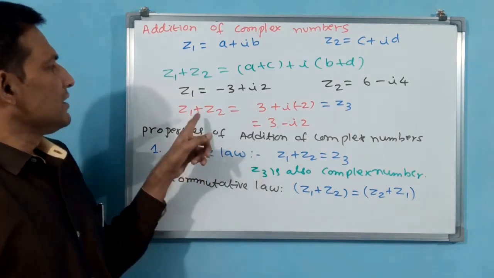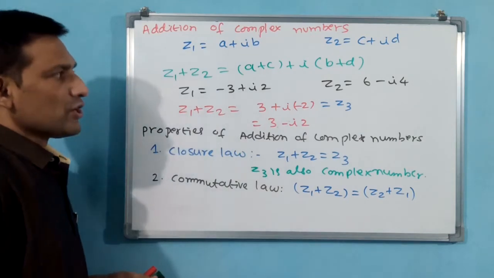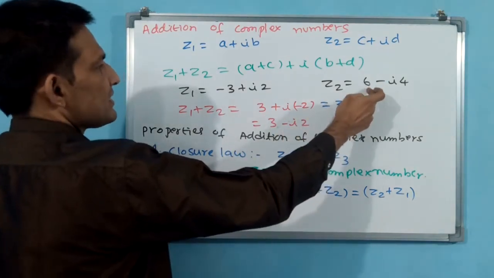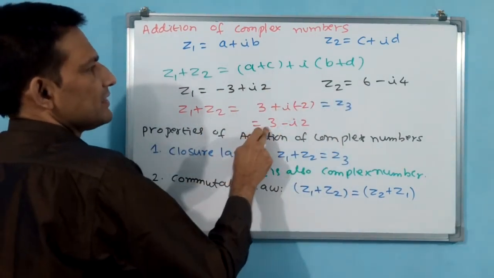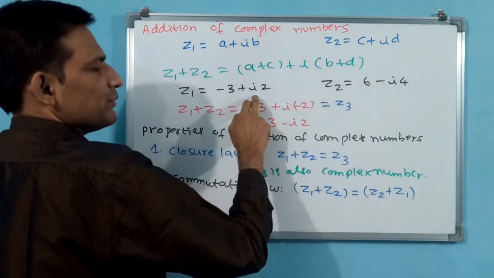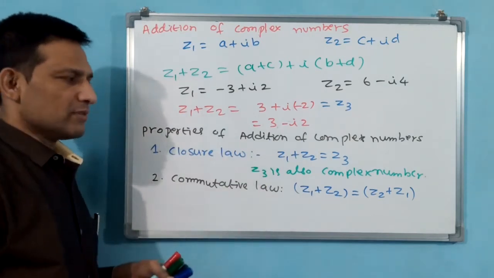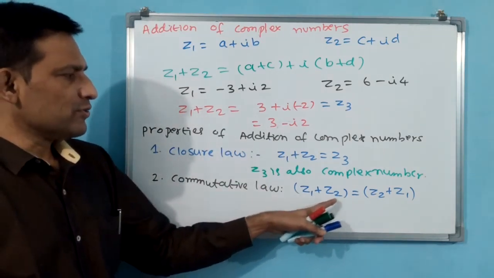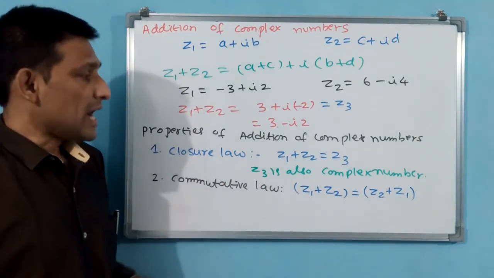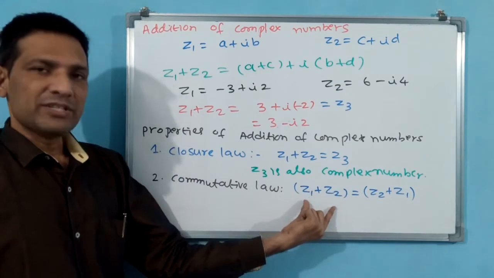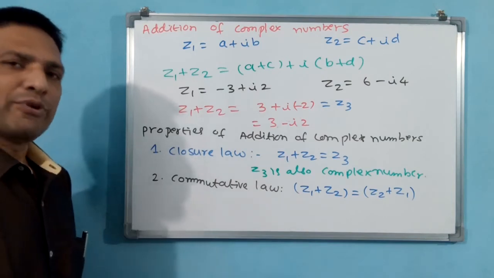Here we have added Z1 plus Z2. Now shall we add Z2 plus Z1? 6 plus minus 3, that means 6 minus 3, 3. Minus 4 plus 2, minus 2. Same result is going to come. That means Z1 plus Z2 is equal to Z2 plus Z1, the same number. I have not written Z3 again. This is going to be called commutative law.